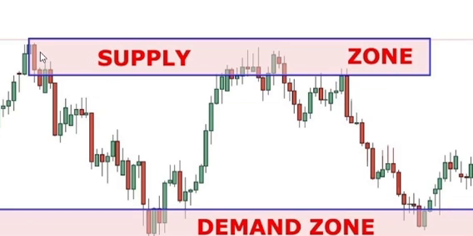Now, how are you going to determine the supply zone or the demand zone on the forex market? First of all, you have to look for an area of multiple rejections. So you look at a market price where the market always rejects or reverses whenever the price reaches there.